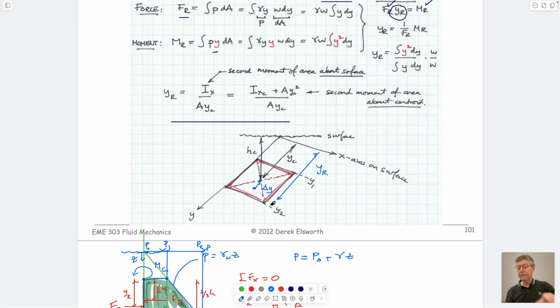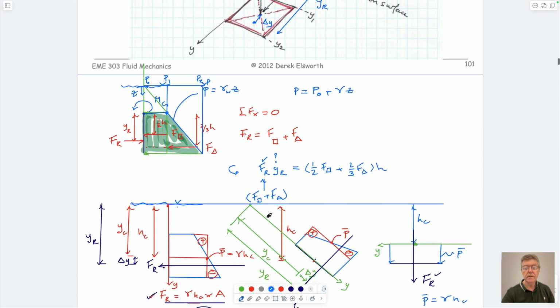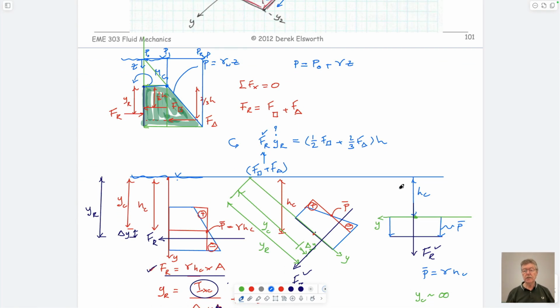Gets a bit complicated if it's horizontal, but it's also easy when it's horizontal, because you know that when it's horizontal, the pressure is going to be uniform everywhere on the plate. And so in this particular case, the centroid of the plate is actually the center of pressure where the resultant acts.